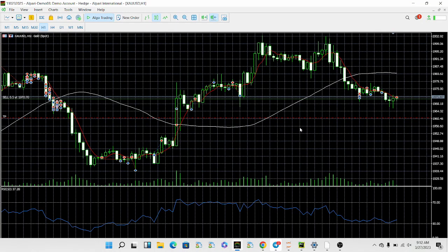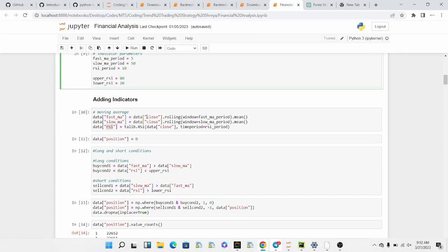The idea behind this is to look at the RSI and the moving average as well. In this case, we have the 5-period SMA lower than the 50-period SMA, and then we look at the RSI. The RSI value is currently at 37.84, and in our financial analysis class, our lower RSI is 20.